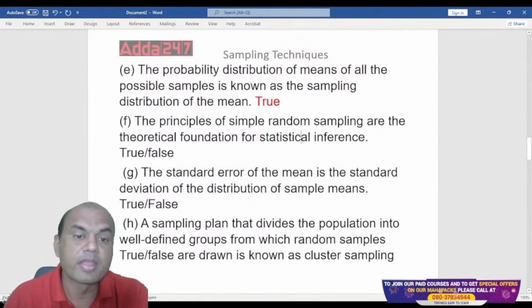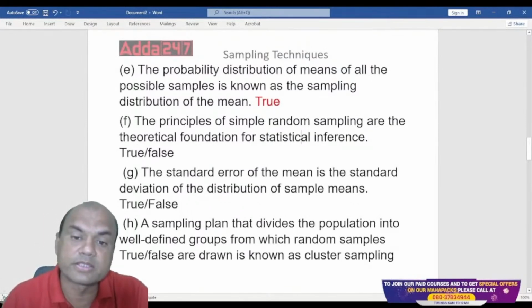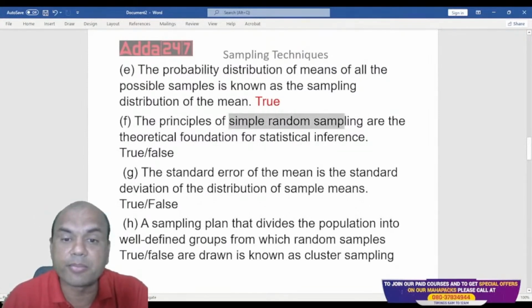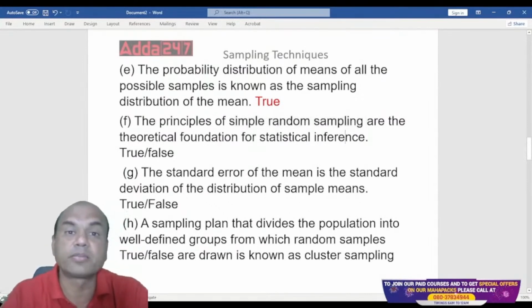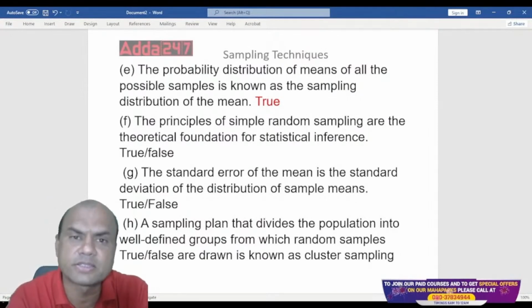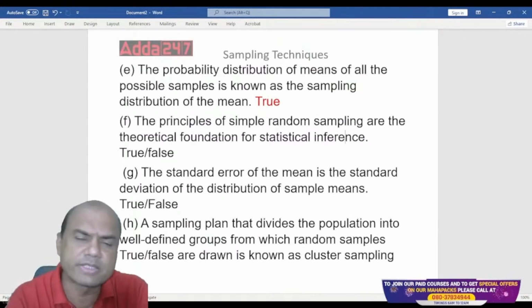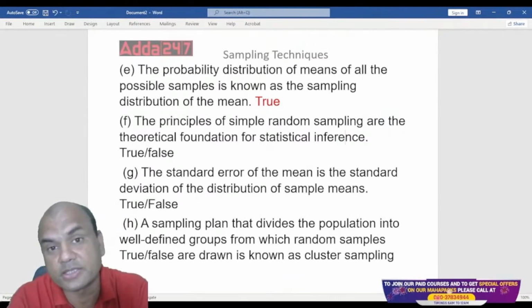Next one. The principles of simple random sampling are the theoretical foundation of statistical inference. Just now, what are the four types of sampling? One is simple random, second is systematic, third is stratified, and last is cluster.